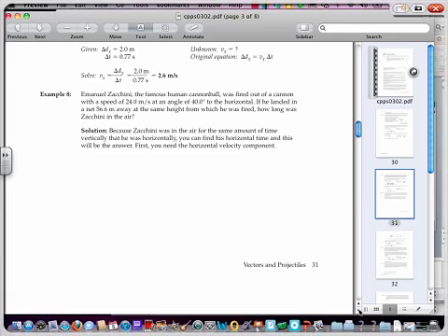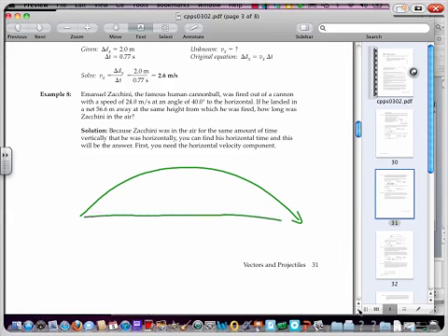So, one of the key things is always get your diagram. So he's fired out of the cannon, it is from across here, it is going to be 56.6 meters. The angle, if we just kind of do this in here, the angle is going to be 40 degrees.